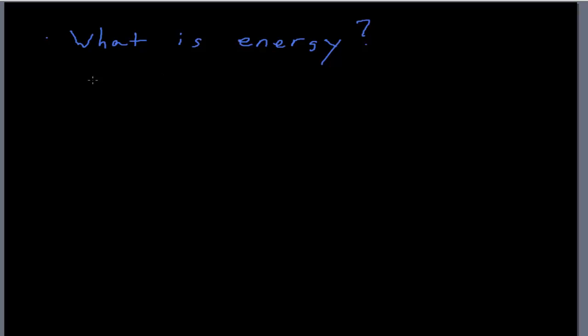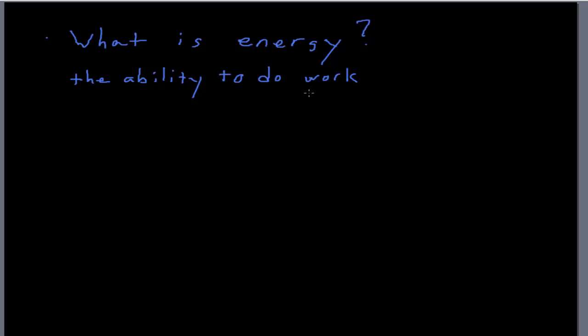And there's a number of ways you can define energy, but we're going to be using the definition that energy is the ability to do work. And now that's the scientific meaning of work, right?